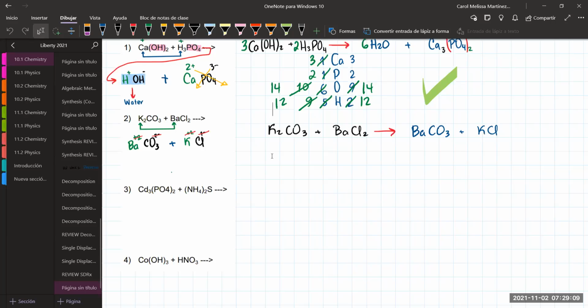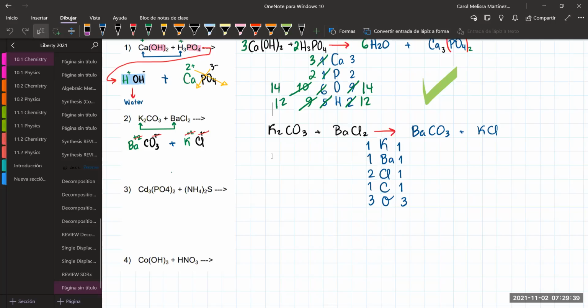And now all I do is check if it's balanced. Potassium and barium go first, then chlorine, carbon, oxygen. I have 1, 1, 2, 1, 3. On the other side, I have 1, 1, 1, 1, 3.